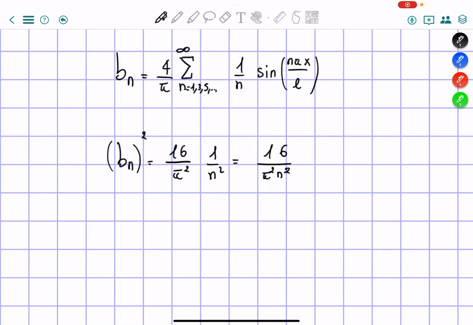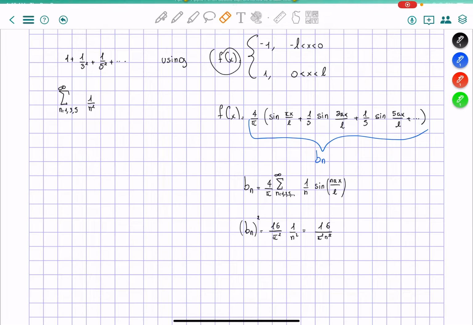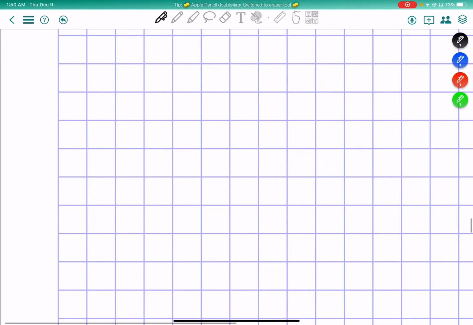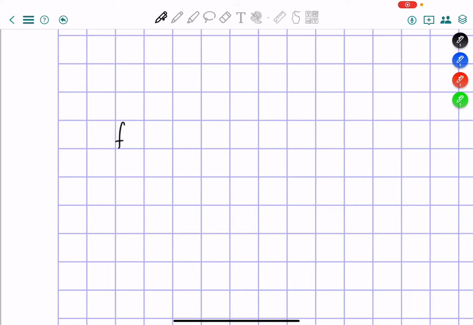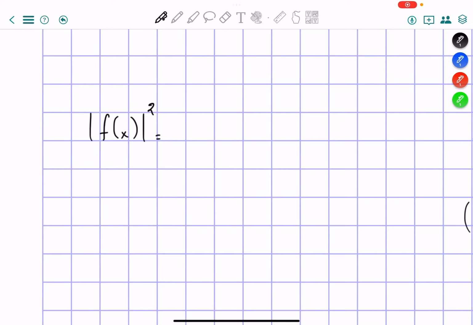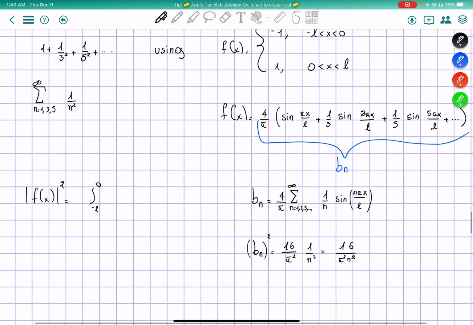Perfect. So now we have to find the f of x squared, but this is a piecewise function. So how do we do it? Well, let's try to rewrite it as f of x squared equals, let's hit the first function. We're going to have the integral from, actually no, from negative L to 0, right?